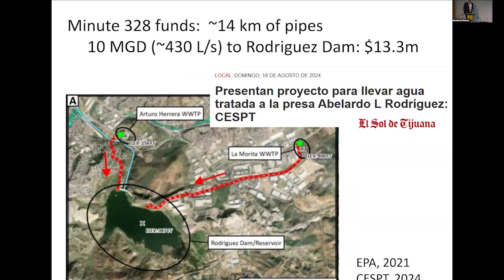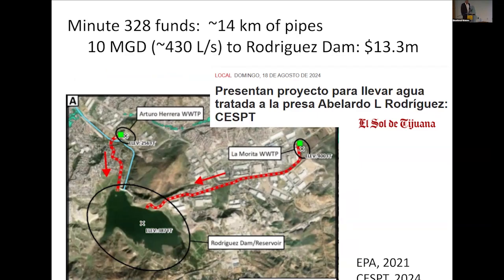So MIT 328 funds is providing funding to pipe the treated wastewater from Arturo Herrero and La Morita and put them back in the Rodriguez Dam for future use. And there are people here who would know much better than I do about this project, and I look forward to hearing more about what you know about this project.